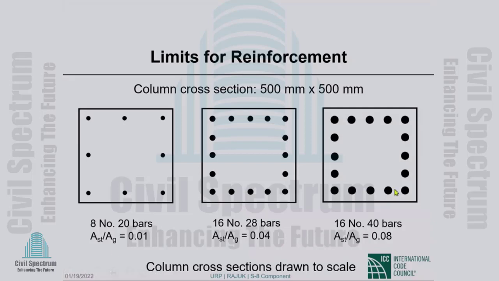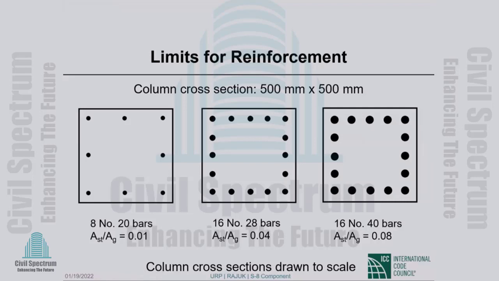So there will be a cross tie around this bar, there will be a cross tie around that bar. However, if this bar is more than 6 inches from that bar, 6 inches clear, then there has to be a cross tie around those bars also. In that case, there will be 3 cross ties in each direction, plus the tie all around.